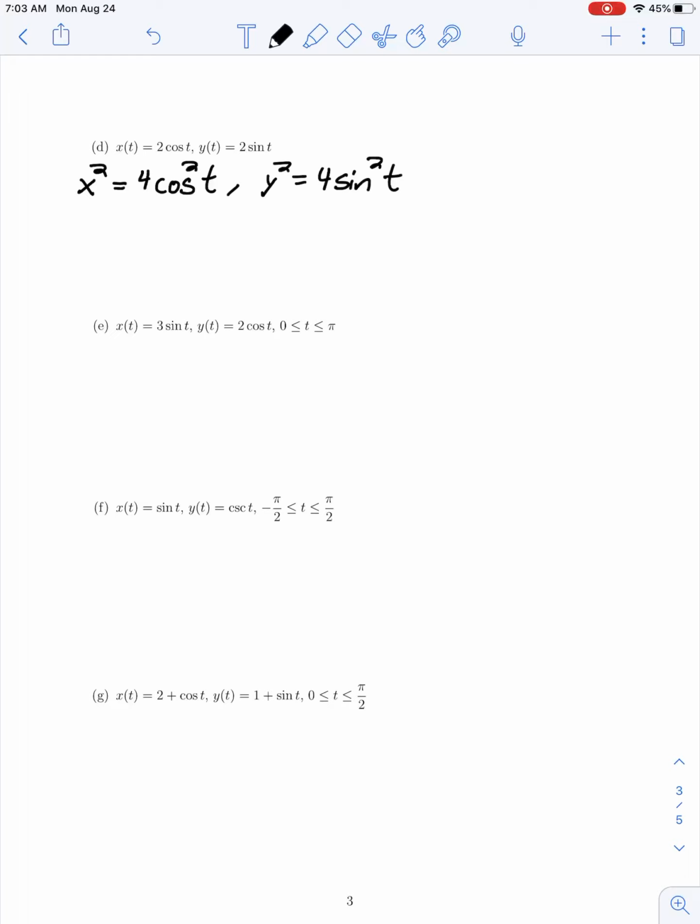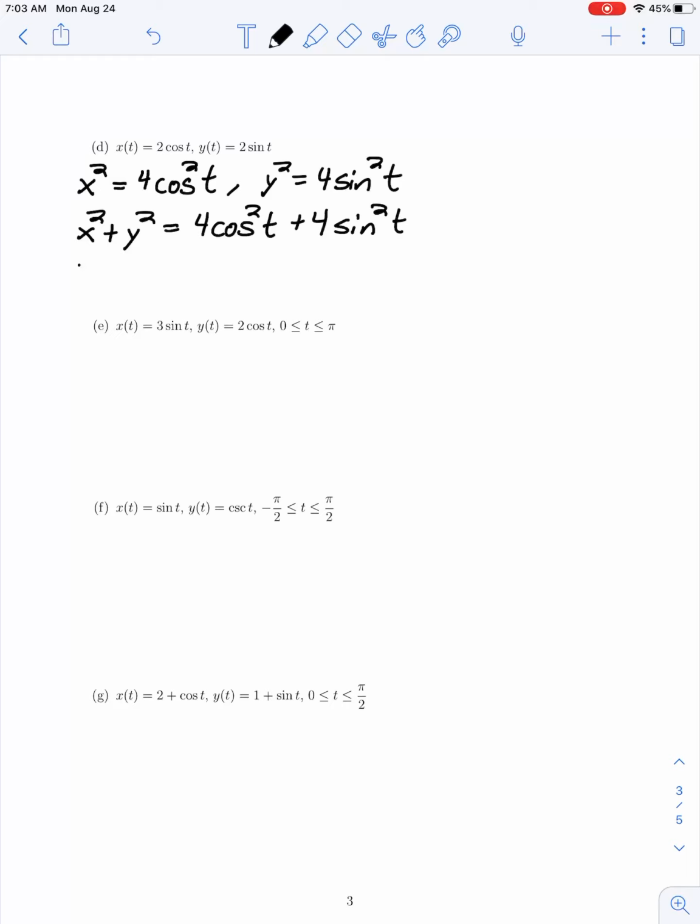So if I want to make use of the trig identity involving the sum of sine squared and cosine squared, well, let's add these two terms. x squared plus y squared is equal to 4 cosine squared t plus 4 times sine squared t.